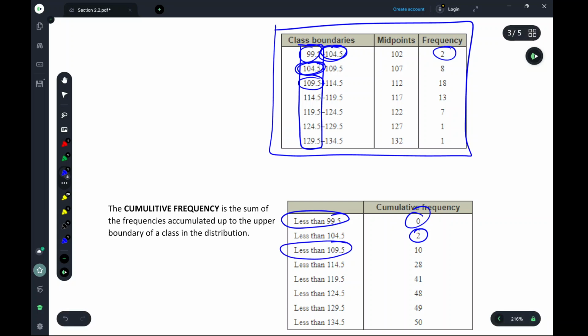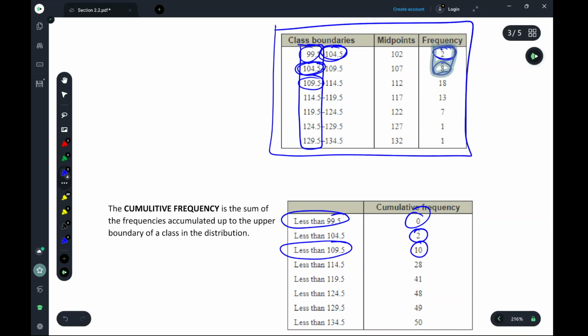How many are less than 109.5? Well, the 2 that we already had here, but then the 8 that we have here. That totals 10. So again, we're not looking at a specific class. We're looking at a boundary and asking ourselves how many data values are less than that boundary.